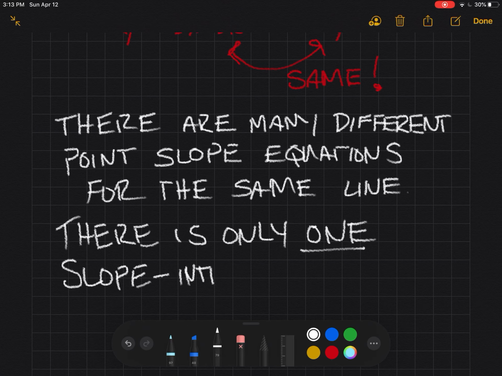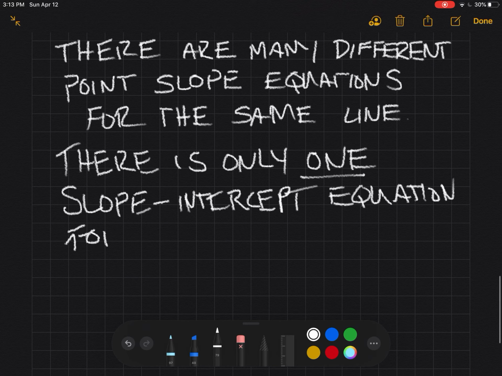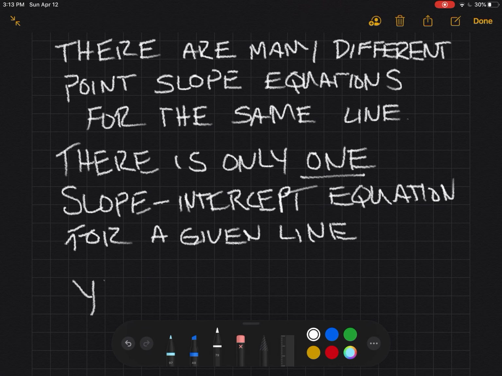There is only one slope intercept equation for a given line.